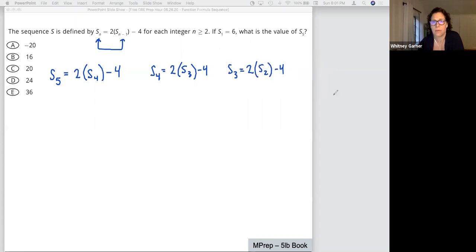And so my last one would be, what is s sub 2? S sub 2 is equal to 2 times s sub 1 minus 4. And I know that s sub 1 is 6. So I'm going to start plugging it in. So s sub 2 is 2 times 6 minus 4, or 12 minus 4, is 8.